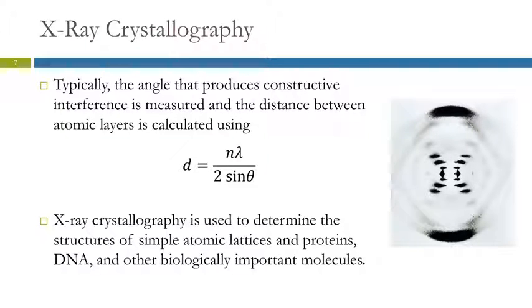You have to study and understand exactly how the instrument works to do that. But you can study proteins, you can study all sorts of interesting biological molecules, you can study simple atomic lattices or various crystals that you might find in nature, all kinds of things.